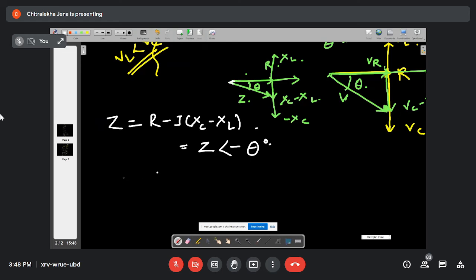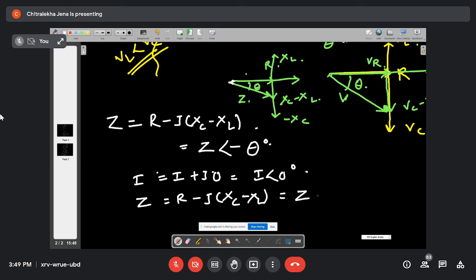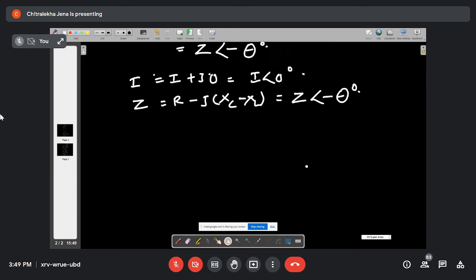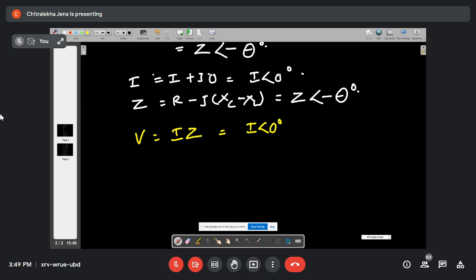Now if I take I equal to I plus J0 as the reference, that is I at an angle 0 degree, and Z equal to R minus J (XC minus XL) at an angle of minus theta degree, then V is equal to I into Z, that is I at an angle 0 degree multiplied with Z at an angle of minus theta degree.